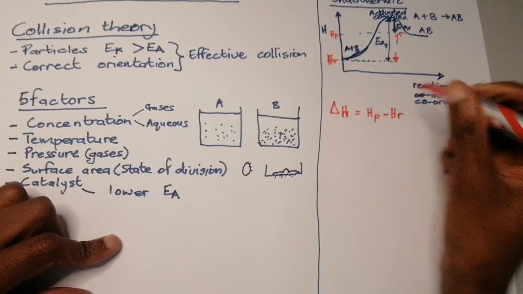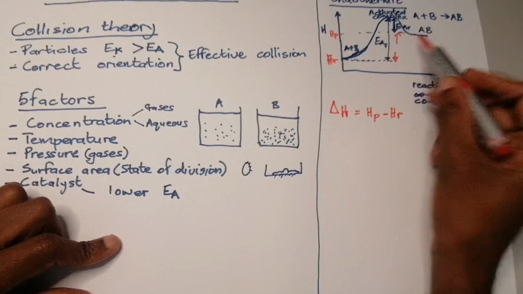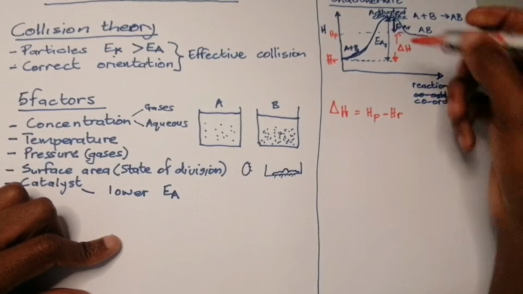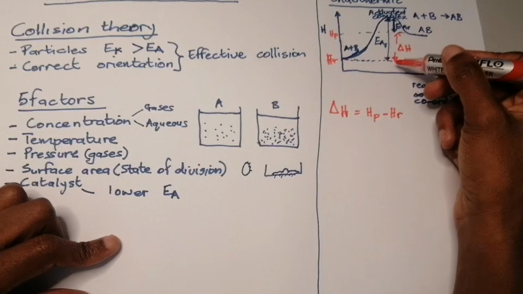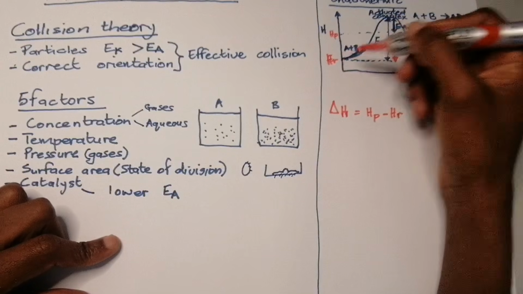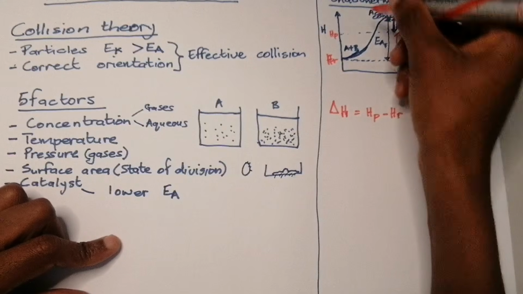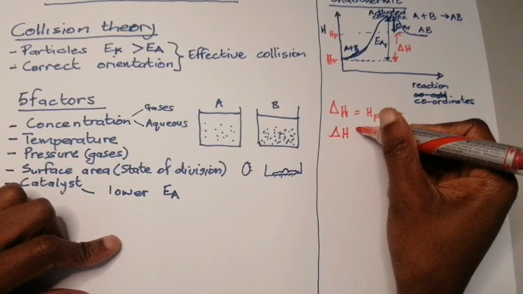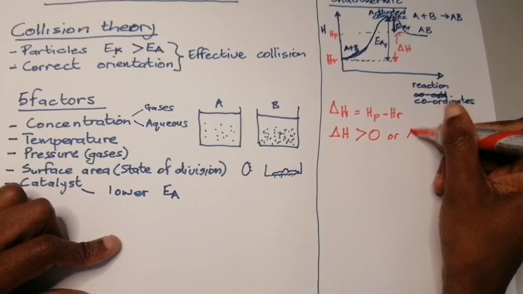Notice we've got a higher value here, so whatever this energy is, it is higher than that energy there. This value minus that value would always give you a positive result. So for an endothermic reaction, delta H is greater than 0, or simply, delta H is positive.